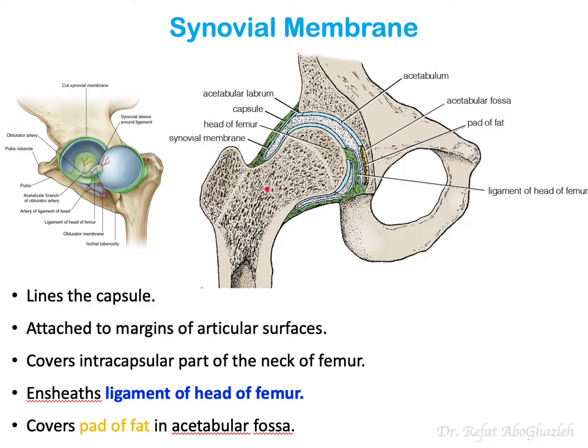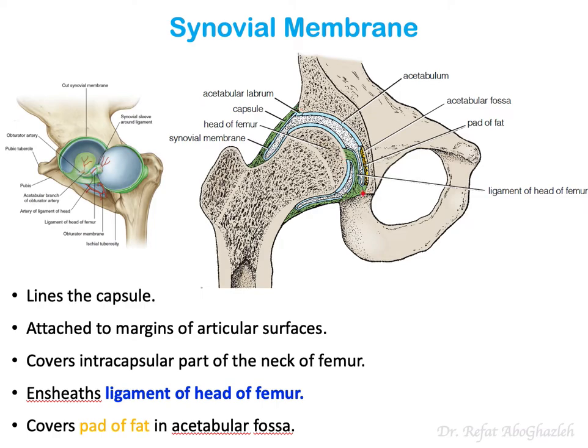Now let us shift a little bit deeper, and let's open the capsule and have a look. There you will find a synovial membrane. You know that this is a synovial joint, so we expected that there is a synovial membrane, as you see here, this blue color. The synovial membrane in the hip joint attaches to the margin of the articular surface, for example here, look at the acetabulum.